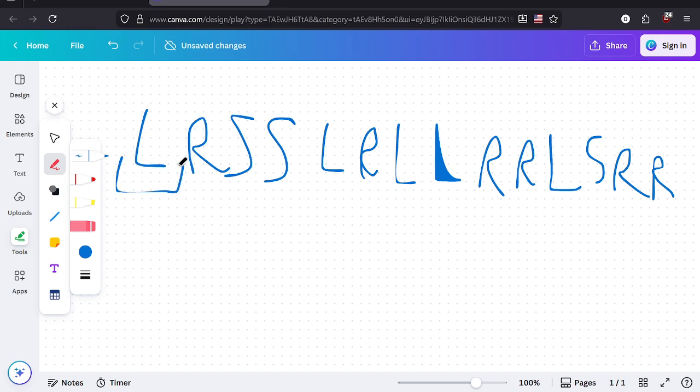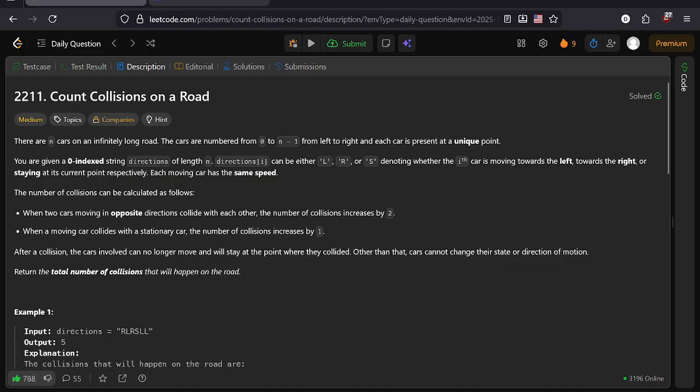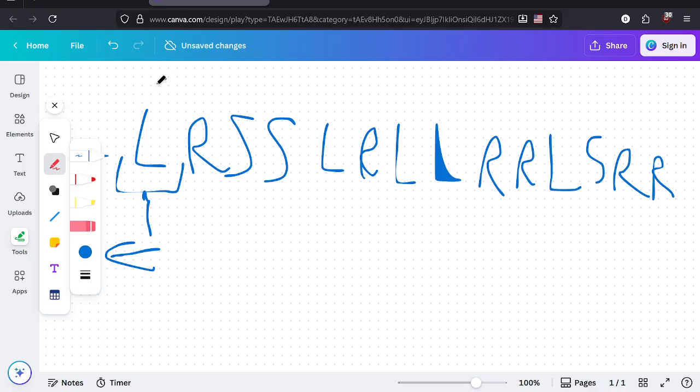This left car right here is just going to go left forever, so it contributes nothing to the total number of collisions, which is what we're trying to find. Then I looked a little later in the string and realized the same applies for these right cars over here. They both go this way, and they contribute nothing to the collision solution.